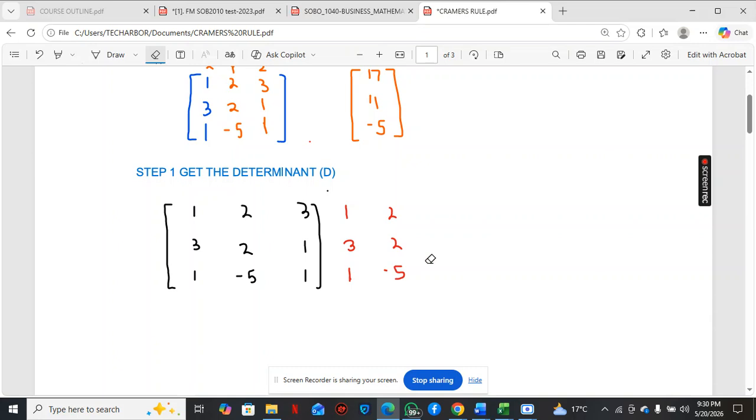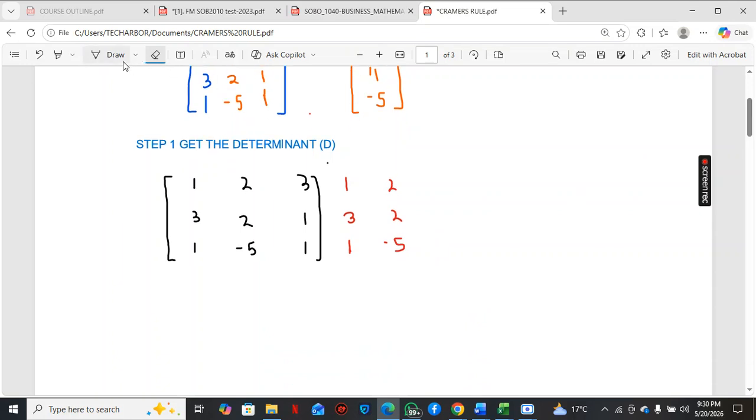When dealing with this question in the exam, have at least a blue pen, a black pen, and a pencil so that you can solve properly. So we're going to start with our diagonals. We're going to multiply the diagonals across this matrix. This is what I mean. We're going to multiply 1 by 2 times 1, that is 2.